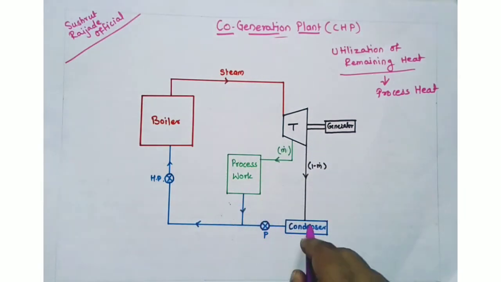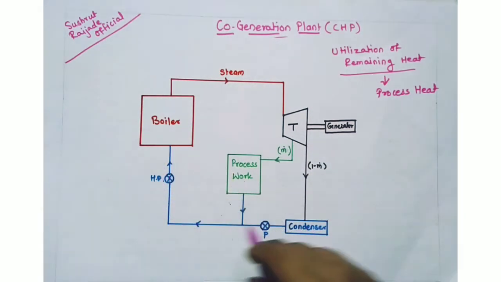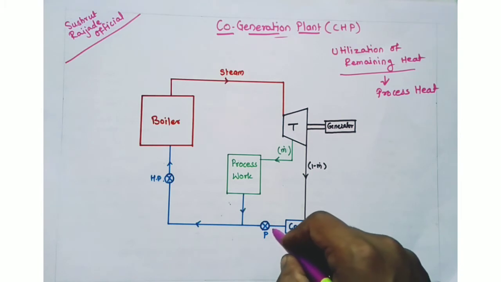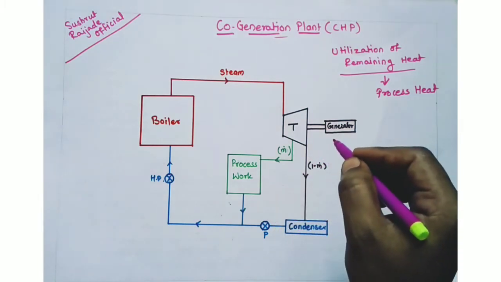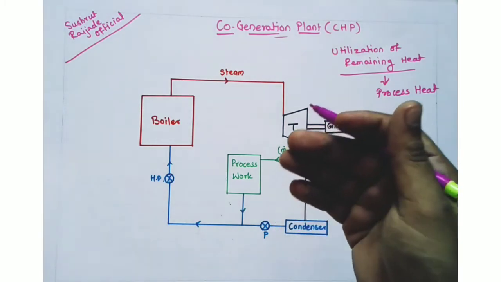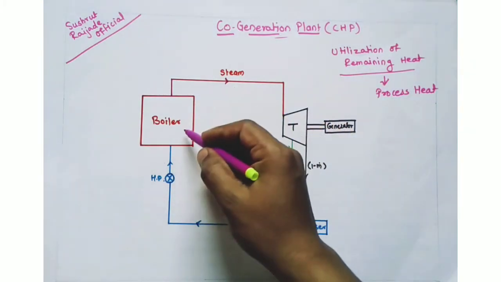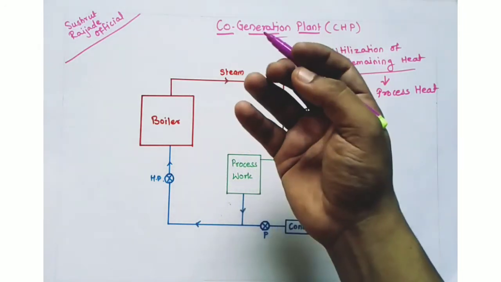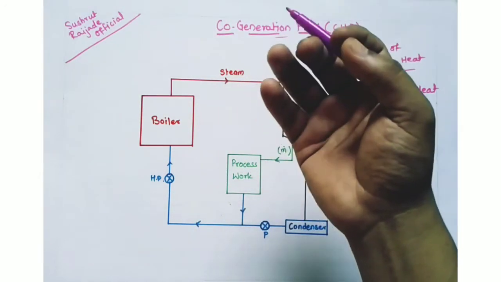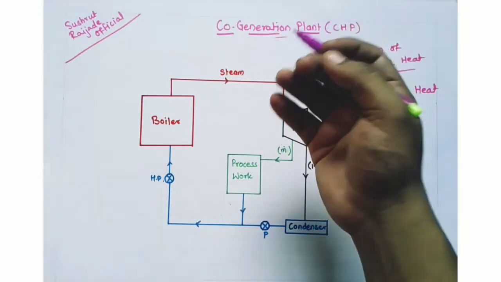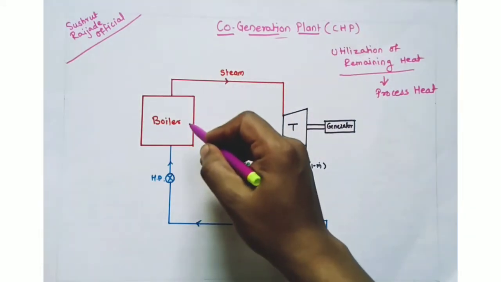But between the condenser and the boiler, regenerators are used. Regenerators are used to heat the water which is provided to the boiler.